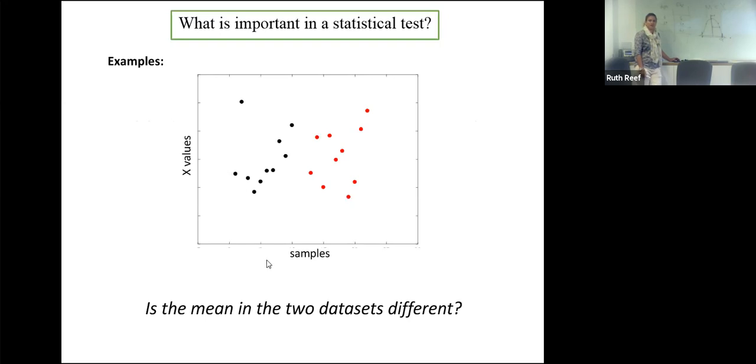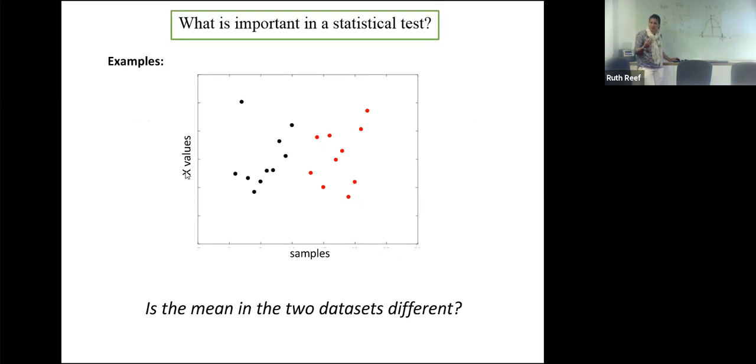So what I have is a range of samples that I took from the population. In this case, two populations, one in red, one in black, or what I assume are two populations. That's my hypothesis. And I have some sort of X that I measure: elephant weights, hippo weights, amount of calcium in rocks.